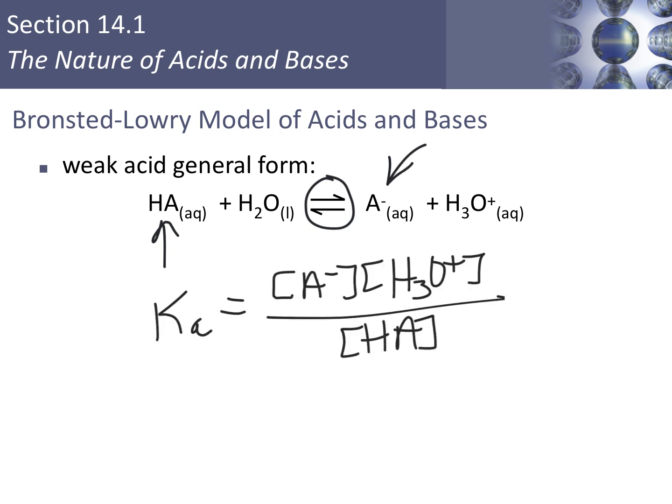Because this is a reversible reaction, we can write an equilibrium expression. For weak acids, the equilibrium constant is called Ka, or the acid dissociation constant. The expression is still products over reactants, but we are not including water in our equilibrium expression as it is a pure liquid.